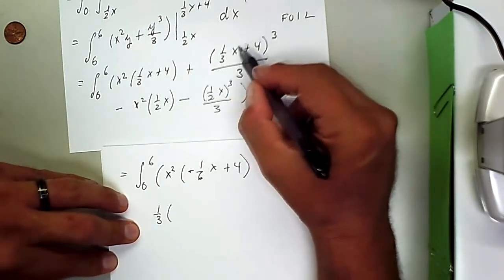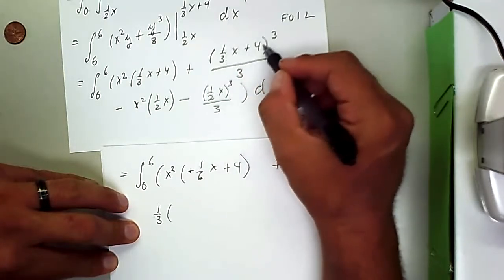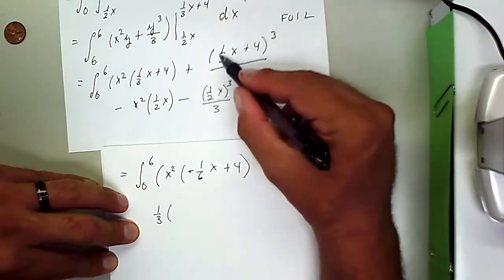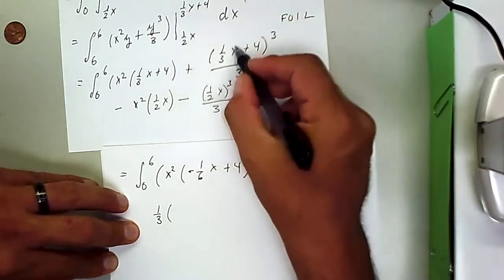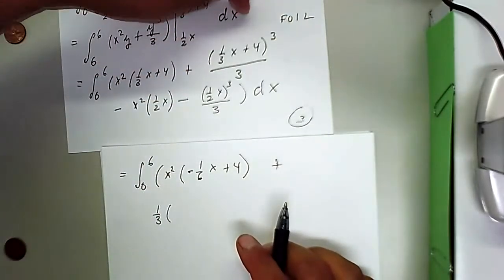These are three binomials. They're the same binomial, but still three of them. So technically speaking, we're not foiling. Maybe we're foiling for two of them, but then we got to multiply that by 1/3 x plus 4. Anyway, if you're not familiar, practice that.